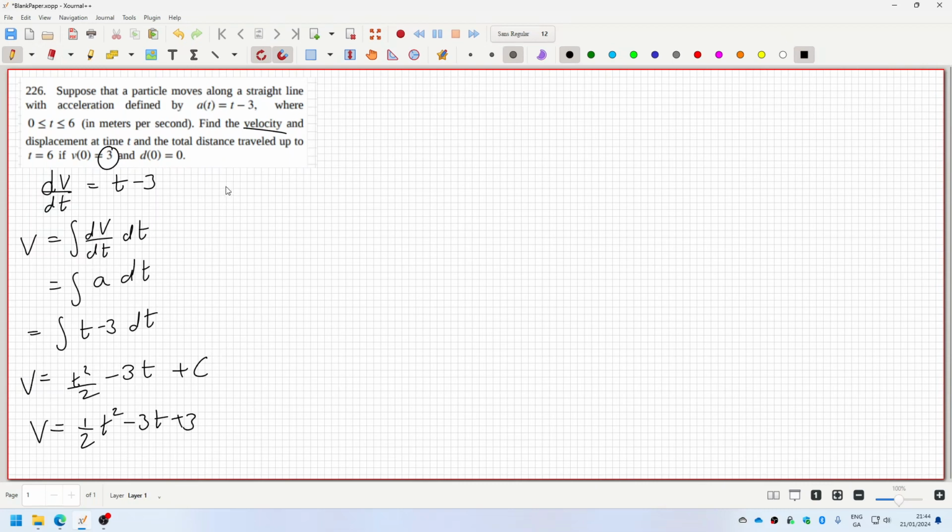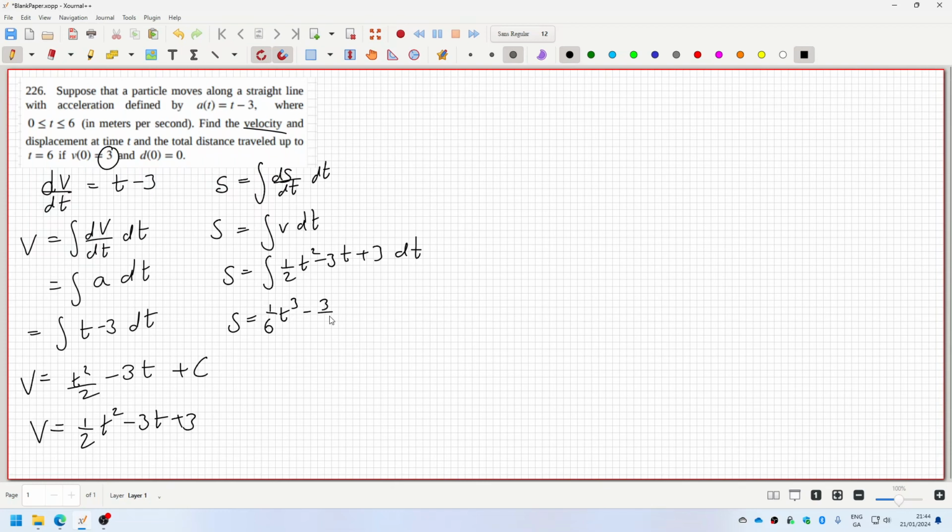Now, to get the displacement, that would be the integration of ds/dt dt, which is the integration of v dt, which is the integration of the answer I just got. So that would be t cubed over 6 minus 3 over 2 t squared plus 3t, and we'll assume it starts at the origin.